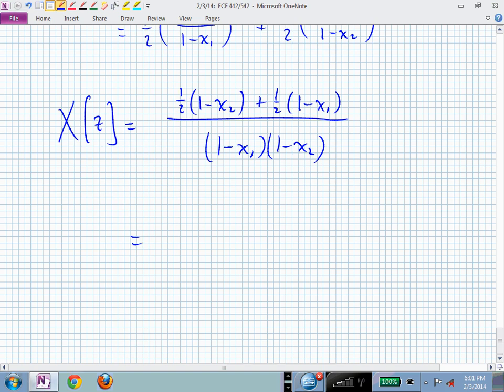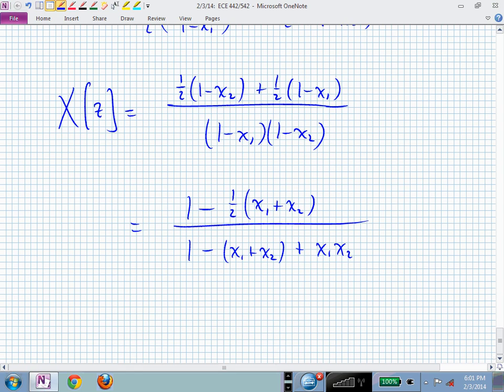That gives us 1 upstairs, and we now have 1/2 of x1 and x2 with a minus sign, and downstairs we have the product of 1 minus x1 and 1 minus x2.